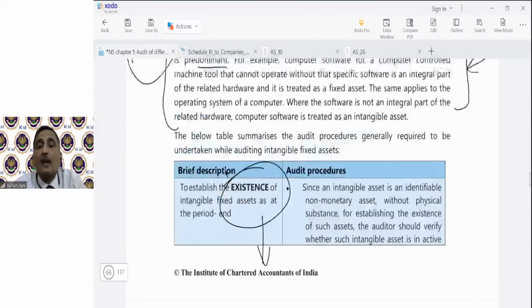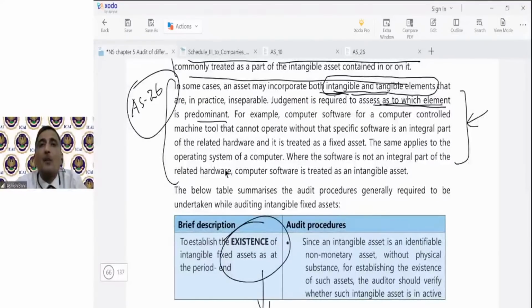Students, now a logical question would come to your mind: how can existence be verified for intangible assets? That which is intangible, which is not physical, which has got no physicality, which I can't see. Is the existence assertion applicable to intangible assets? Yes. The assertion relating to existence is applicable to intangible assets.